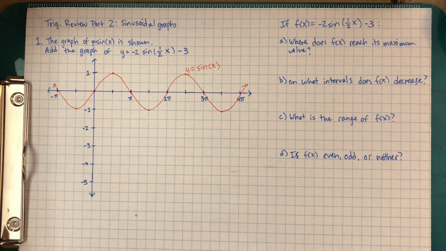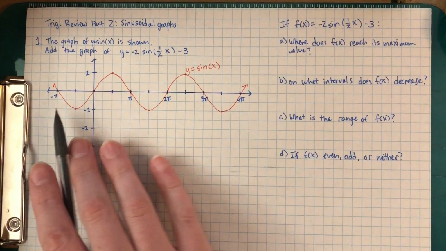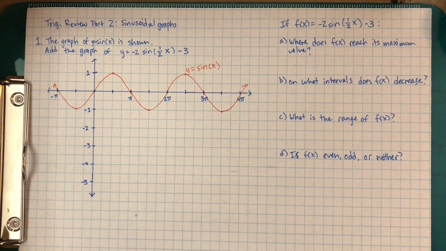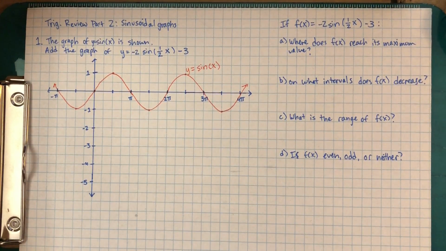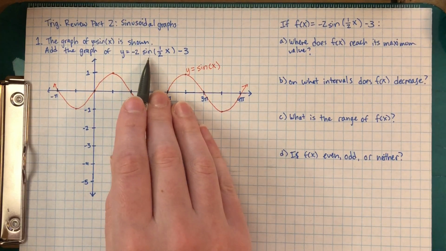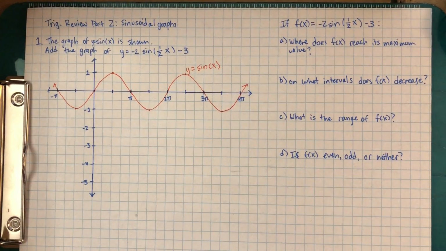So I'm going to illustrate some of those changes by taking this graph, which is y equals just plain sine x, and turning it into this graph of y equals -2 sine of 1/2 x minus 3.